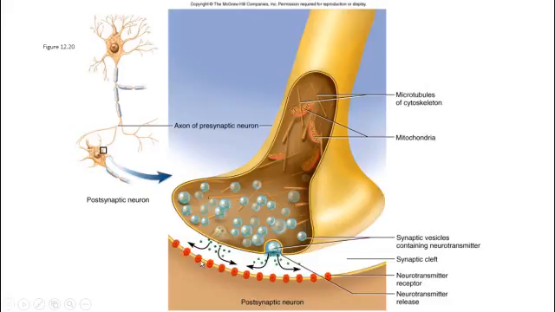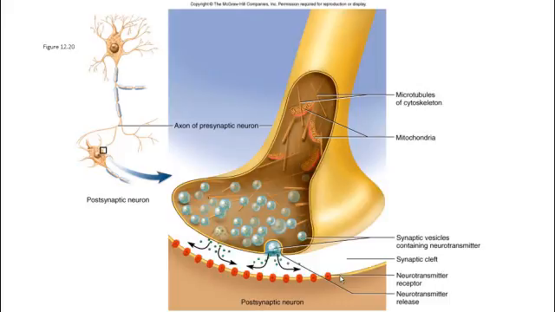If enough bind, then the impulse may be continued along the postsynaptic element. So there has to be adequate neurotransmitter, there has to be adequate binding, and again, we'll look at what happens in future classes when that doesn't go so well. But that is basically the sequence of a synaptic transfer.